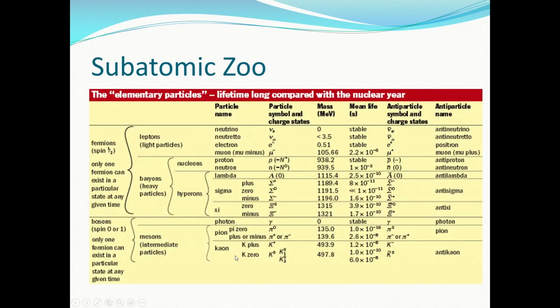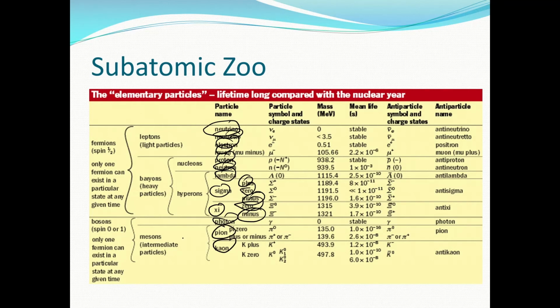So what they found is that there are different ways to classify things. Baryons, leptons, mesons, all very confusing, and they call it the subatomic zoo because before today we had electrons, protons, neutrons, and neutrinos, and positrons we talked about before, but now there's neutrino, electron, muon, proton, neutron, lambda, sigma plus, sigma 0, sigma minus, pi, xi, kaon, pion.